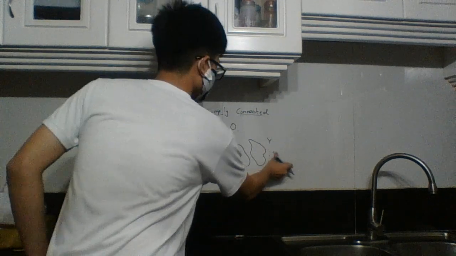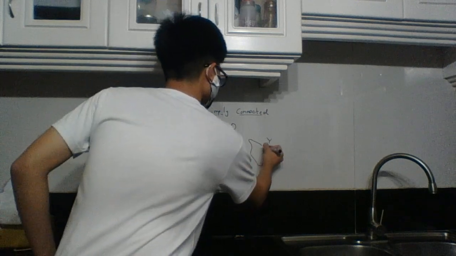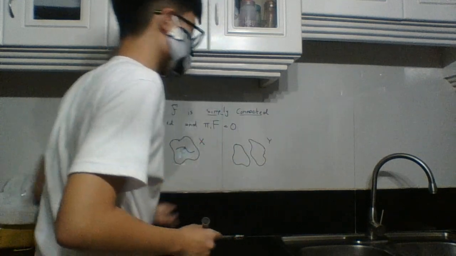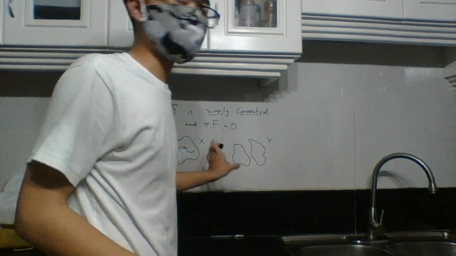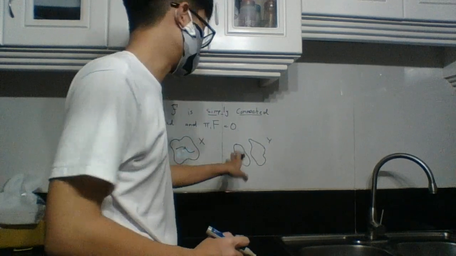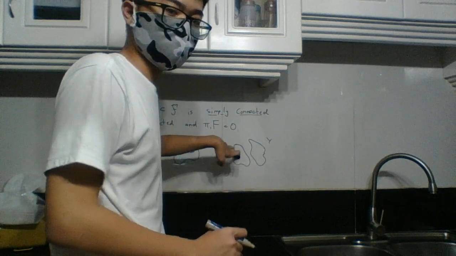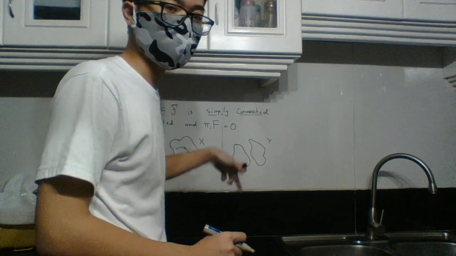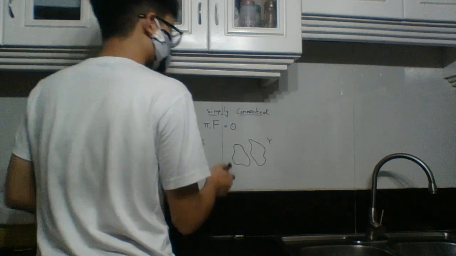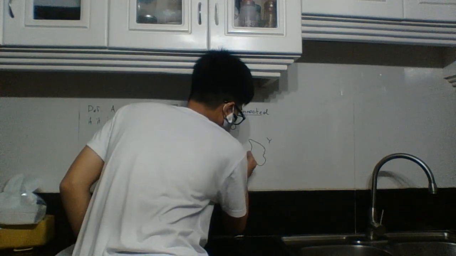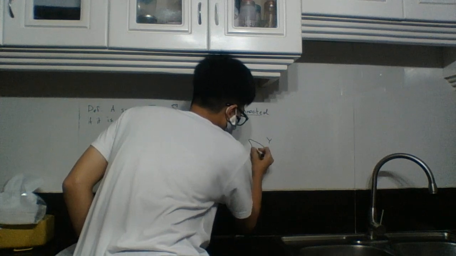Of course, we can think of the subsets of Y, like this subset and this subset, and make them their own separate spaces. And if we do, they are path connected on their own because we can take 2 points and draw a line between them. But if we take this to be one space that has merely been separated into subsets and claim that it is path connected, we are wrong.